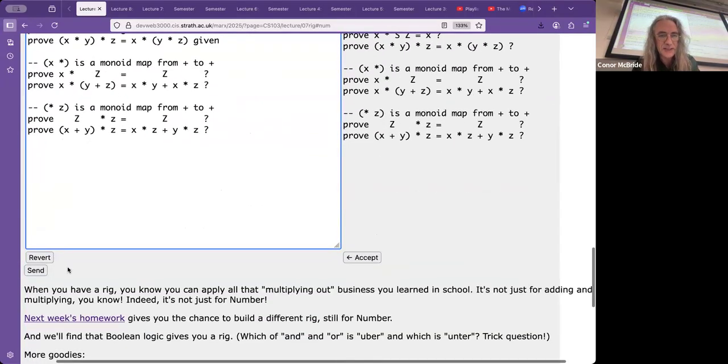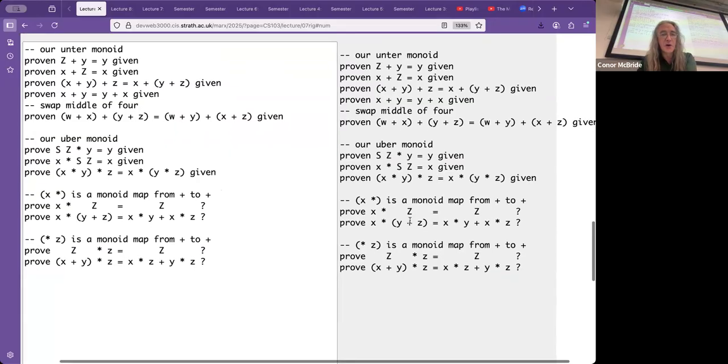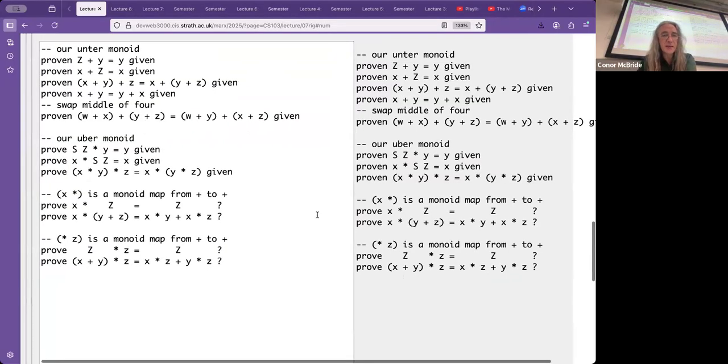You might have a sense of deja vu. There are things we already did in lecture. They're already preloaded in this file. They're all given. In particular, the swap middle of four, last Monday, basically. Swap middle of four is very, very useful. So it was no skin off our nose to be forced to prove it.